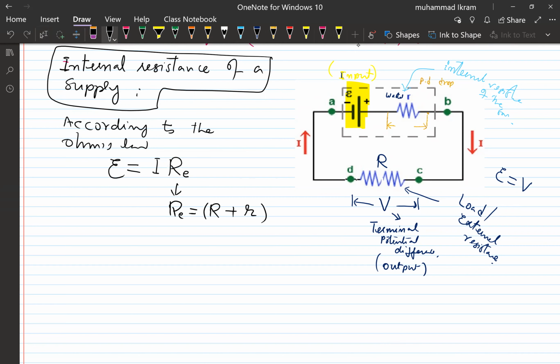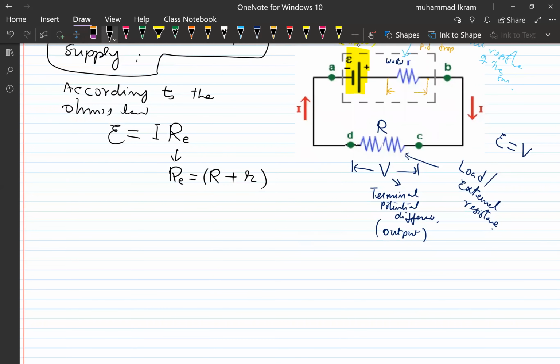And if you are very meticulous, you can even include the resistance of the wiring also, but for this it is enough. Now let us see how I can write this equation: it could be I times (R plus r), right? Or we can say that we have the IR and the Ir.